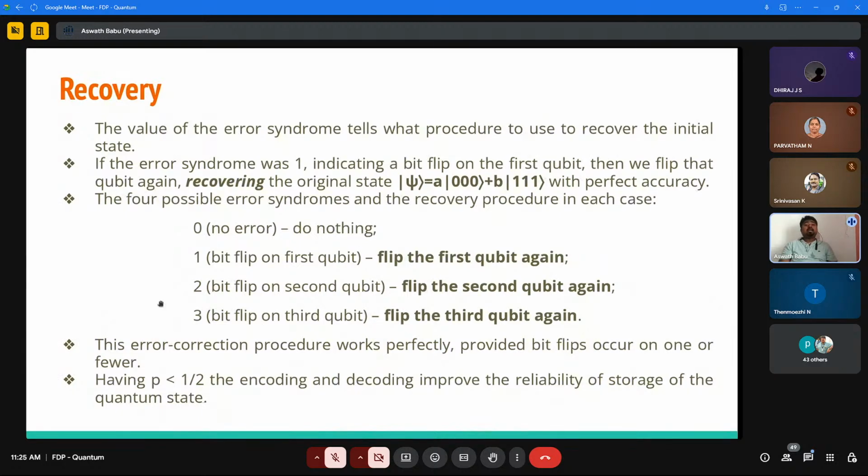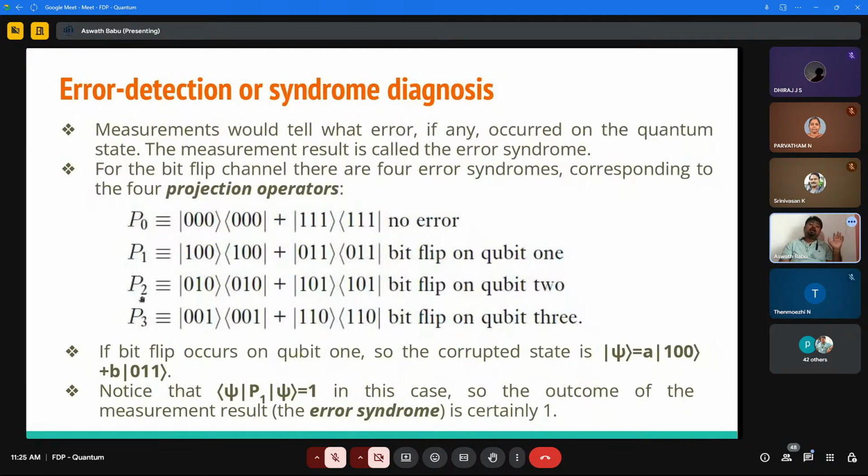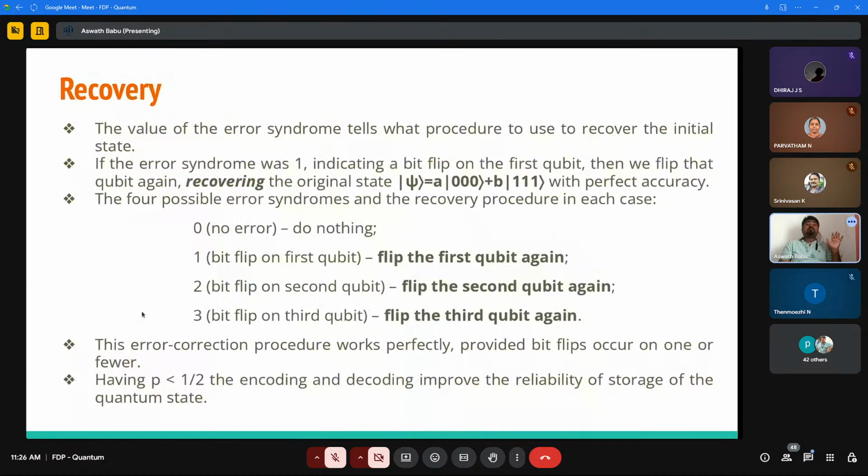For the recovery, let's say no bit is compromised and there are no errors. You just do nothing. What I mean is, P naught acting on psi gives you 1, so no need to measure P1, P2, P3. You can keep quiet, as our system has no errors.